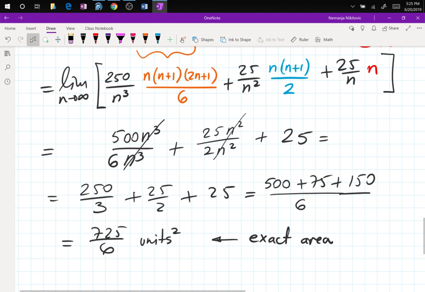So this is the way to calculate the exact area using what we call Riemann sums. Riemann was a German, one of the gods of mathematics from Germany back in the 1800s, and he is the one who figured this out, and technically this is what allows us to have a lot of different technology today.